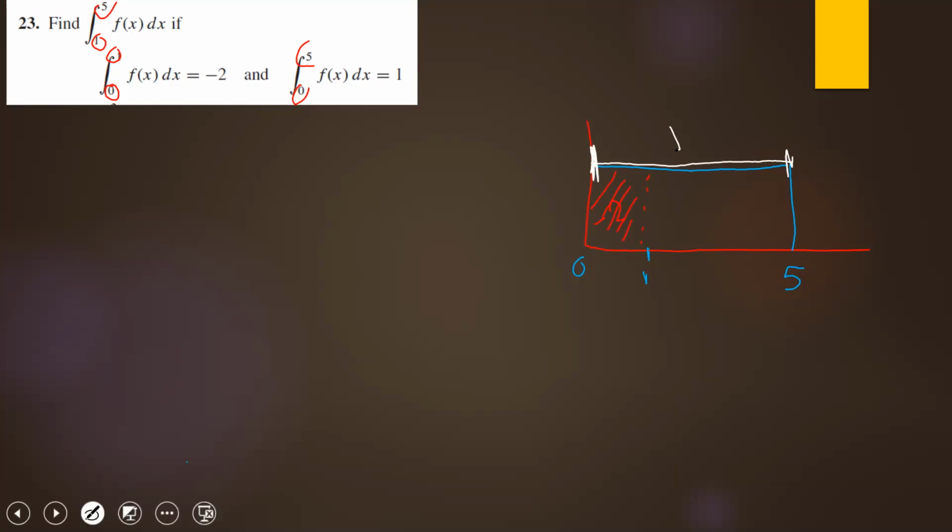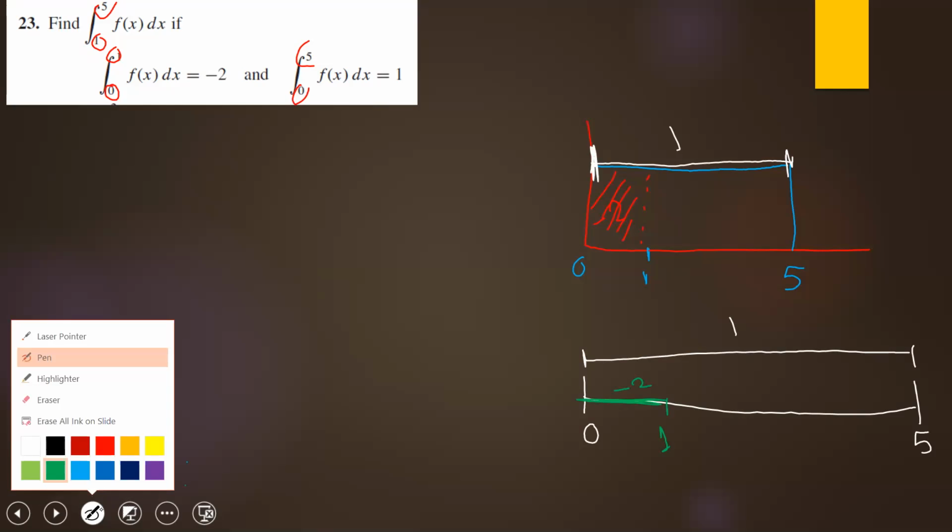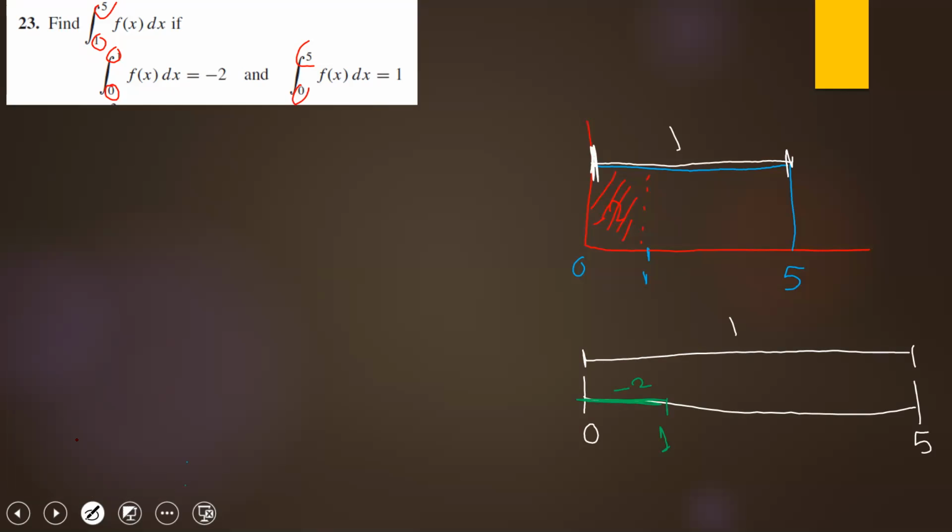In other words, imagine them like this. Here we have 0, here we have 5. From 0 to 5, it is 1. And from 0 to 1, it is -2. They ask me now to find from 1 to 5.